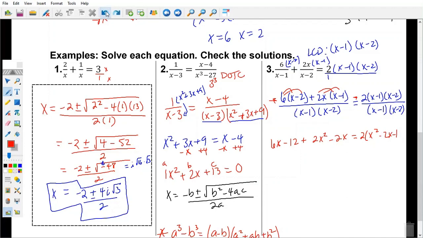Let me see if I can write that a little tighter together. x squared minus 2x minus 1x plus 2.